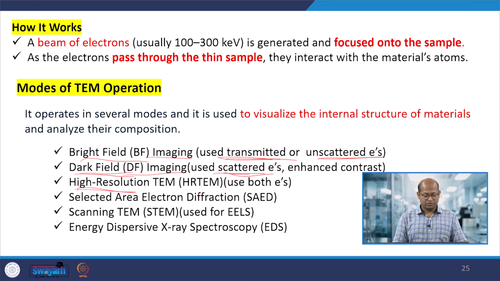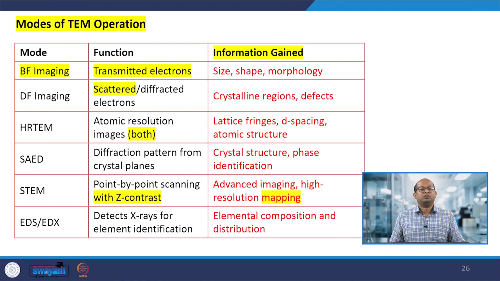And HRTEM, that is both scattered and unscattered or transmitted electrons are used to get HRTEM. And with that, SAED is also possible with this instrument. EDS analysis we can do, and scanning TEM also. With electron energy loss spectra, that would help to get that.